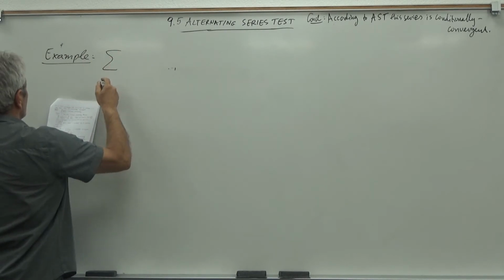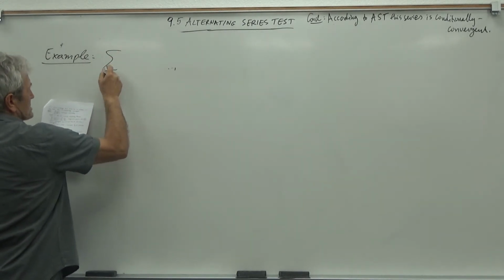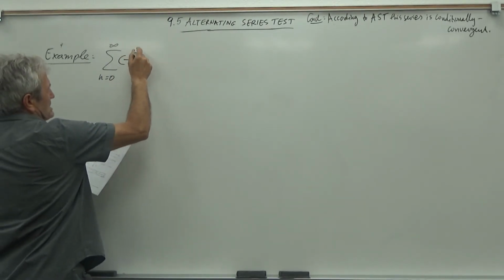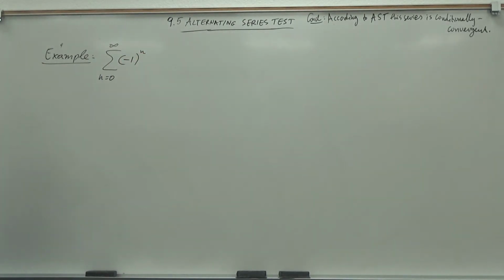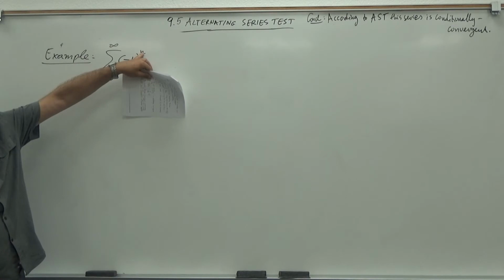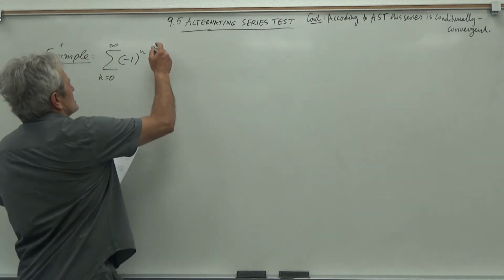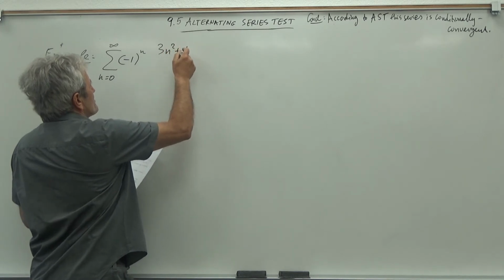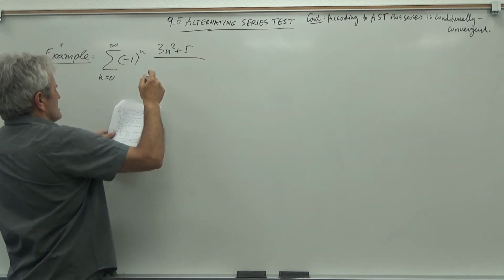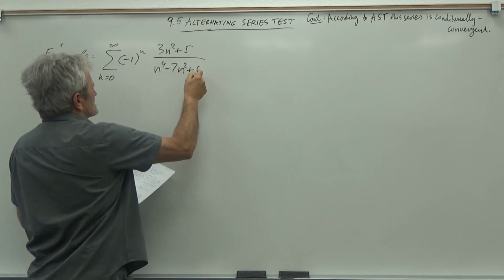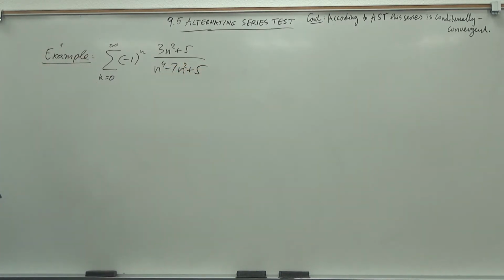The sum from 0 to infinity, it doesn't matter, of (-1) to the n times (3n squared plus 5) over (n to the 4th minus 7n squared plus 5). Actually, it's nice when you start from 0, then you don't need n plus 1, because usually we like to start with a positive. So what about this one?